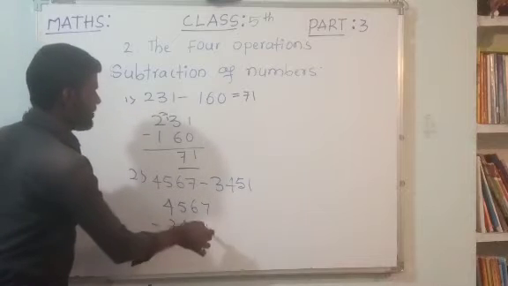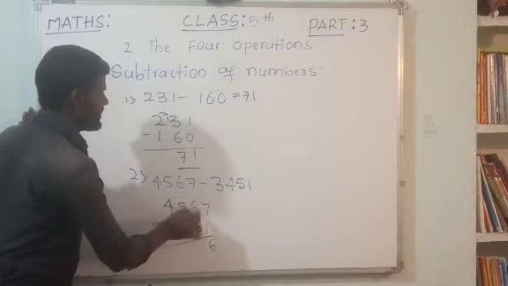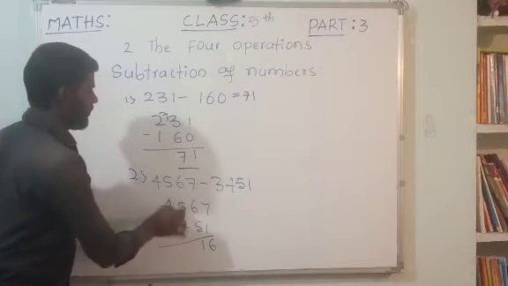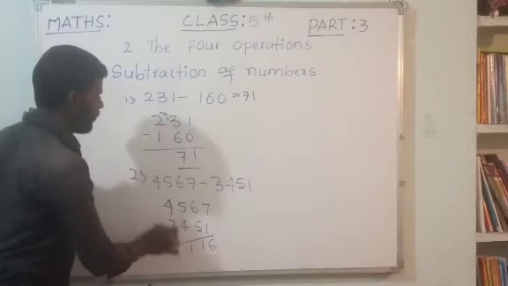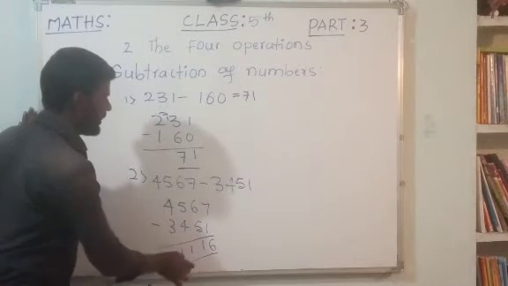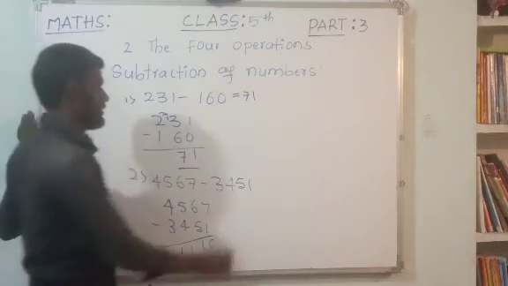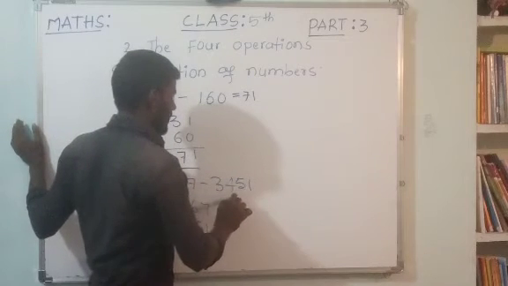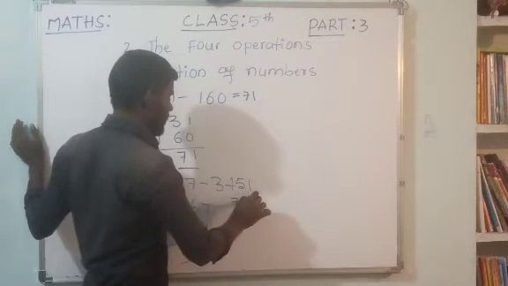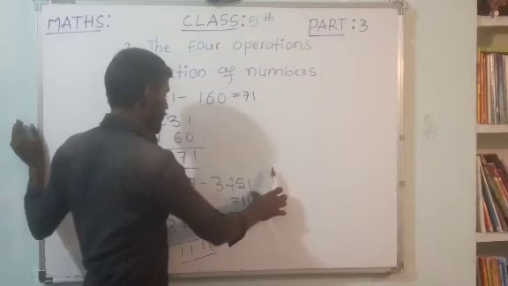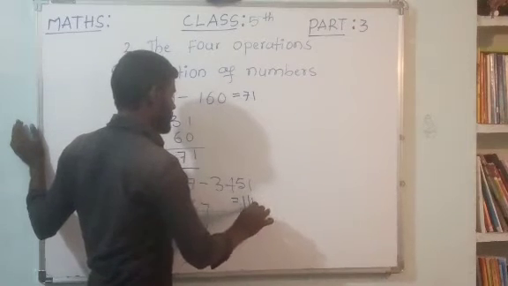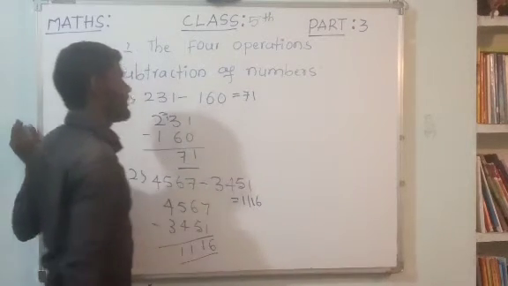Subtract. 7 minus 1 means 6. 6 minus 5 means 1. 5 minus 4 means 1. 4 minus 3 means 1. The answer is 1116. This is the answer.